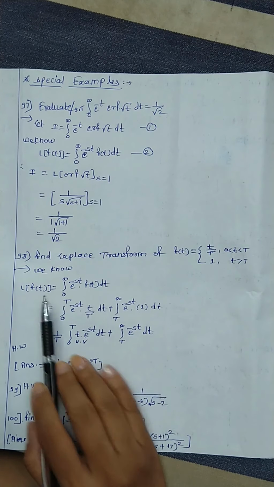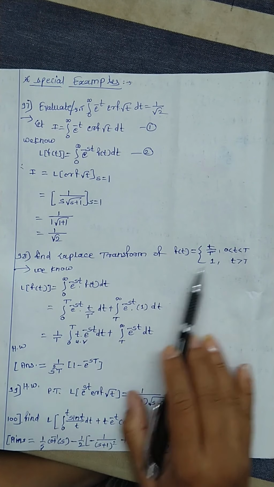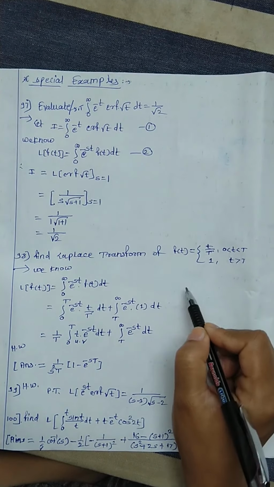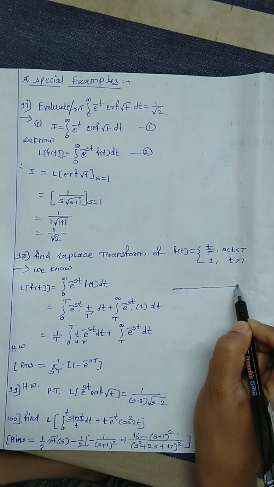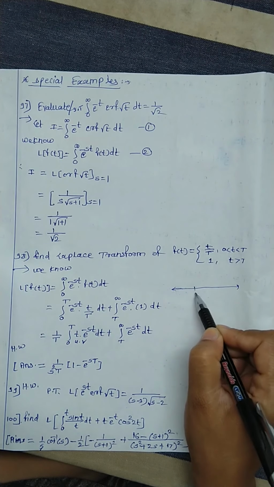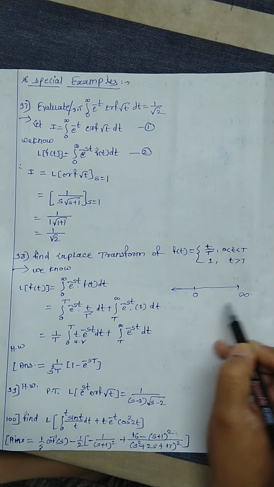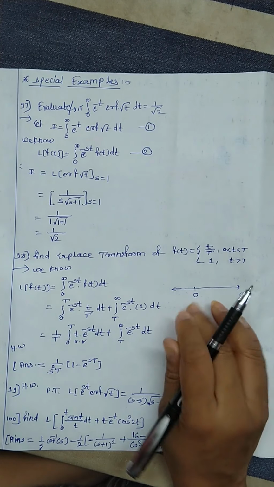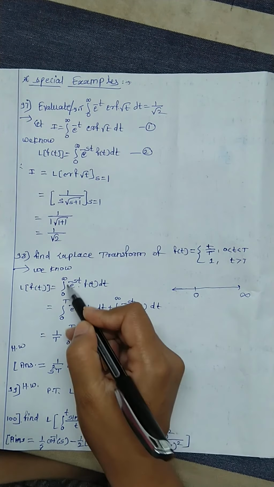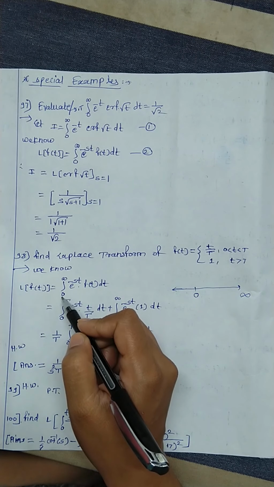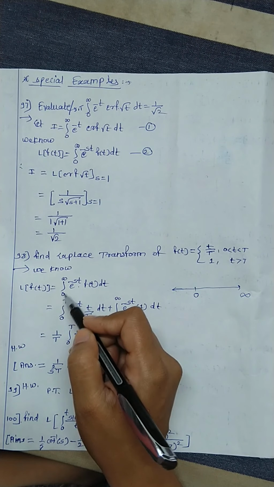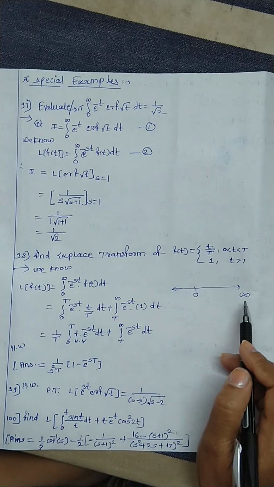Now we have to put the value of the function here. What is the function in the given interval form? What do these intervals mean? Suppose this is our 0, this is our infinity, this is our original interval throughout the Laplace, because in the definition of Laplace itself, the lower limit is 0 and the upper limit is infinity.